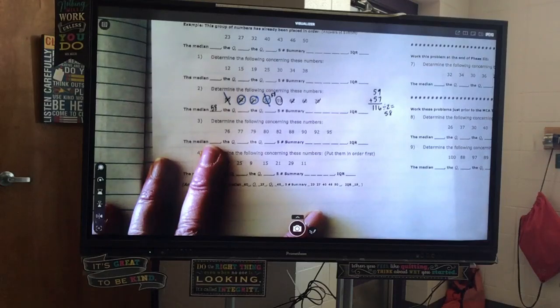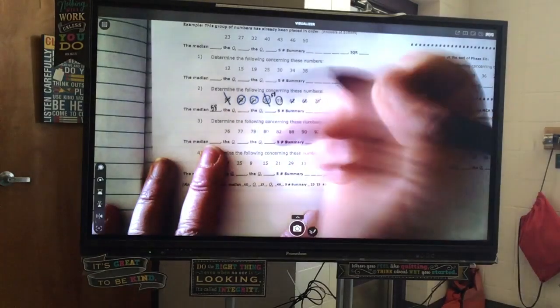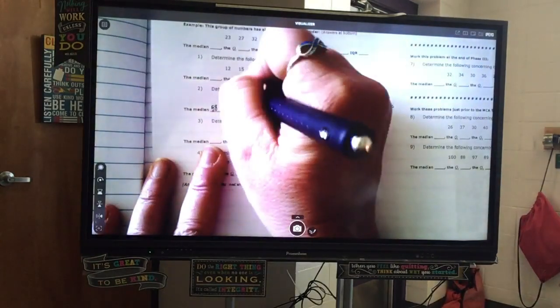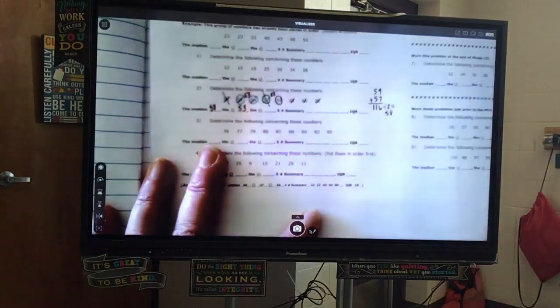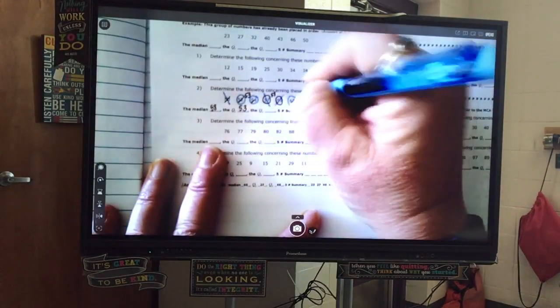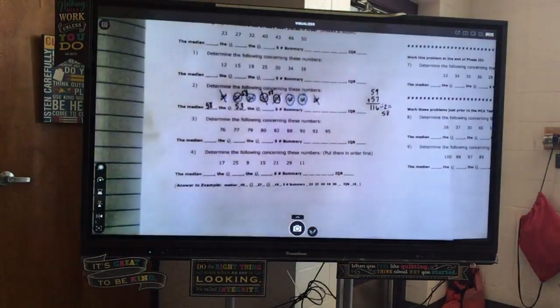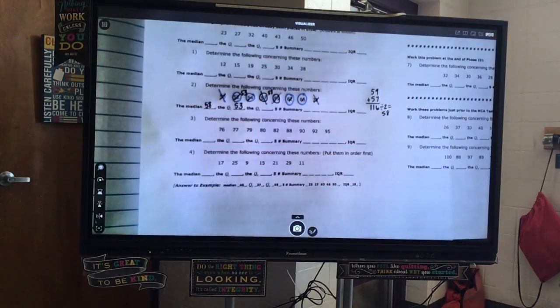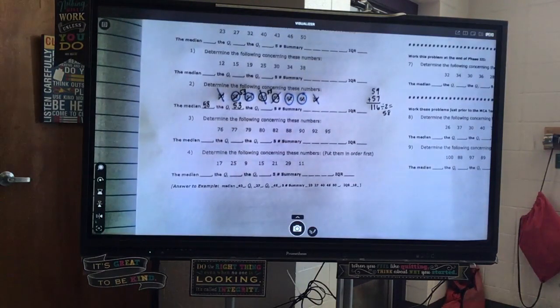Please tell me we know the number. 53. Just making sure. Alright, so we know that this is going to be 53. And then I'm going to do the same thing here. 62 and 66. So this one you do have to add up because it's not as easy as just saying, oh, it's the number right in between. So add 66 plus 62.